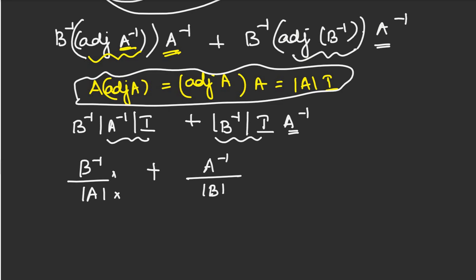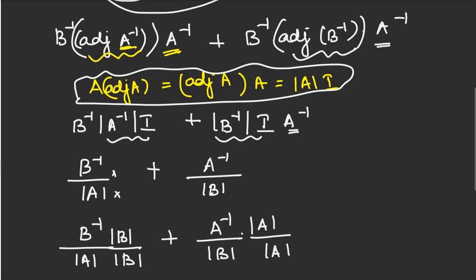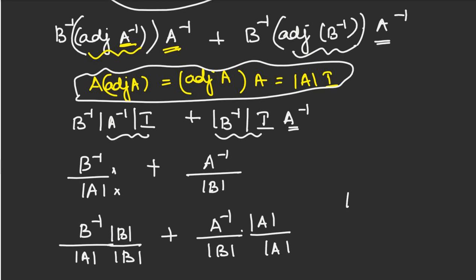Determinant of B is missing, so I write B inverse by determinant of A into modulus of B by modulus of B. For the next term, A inverse by determinant of B into determinant of A divided by determinant of A. We know that B inverse is equal to 1 by determinant of B into adjoint of B.